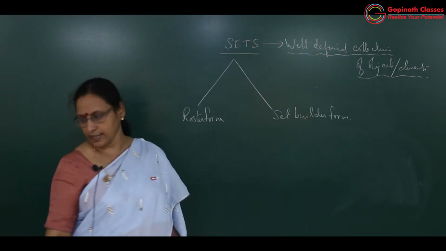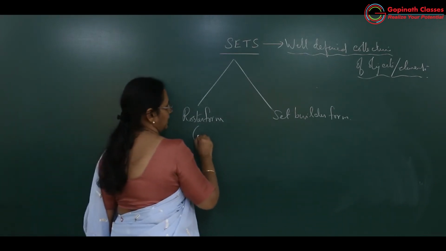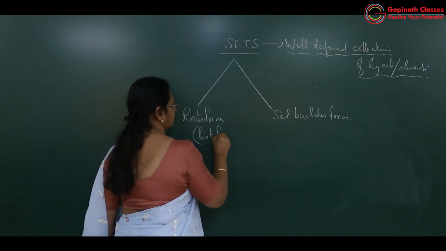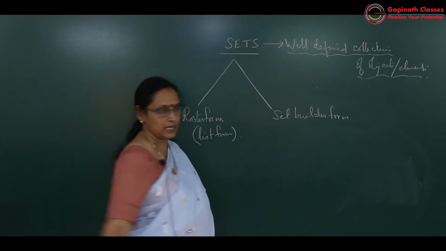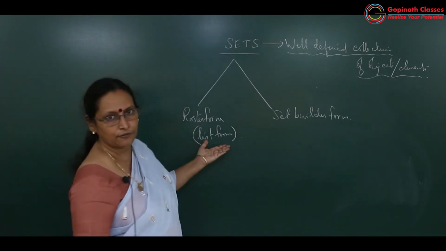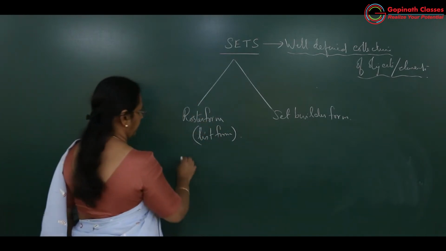Roster form and set builder form. Another name for roster form is list method and tabular method. List form and set builder form. It is very clear from its name, list form is what we wrote just now.